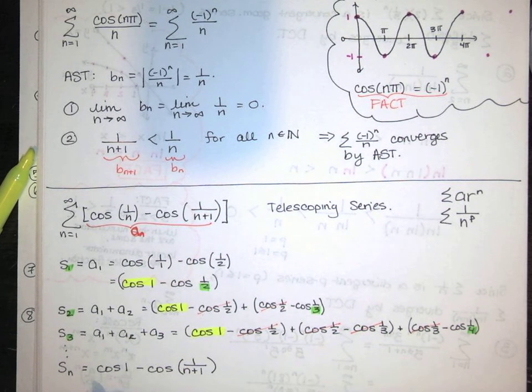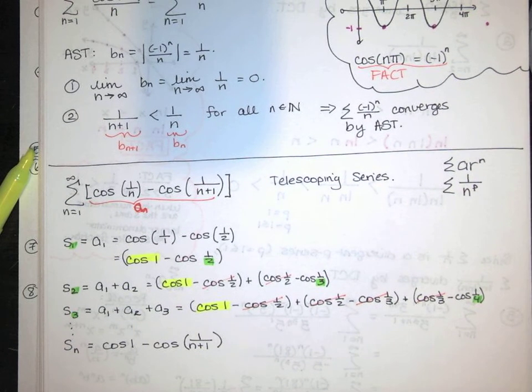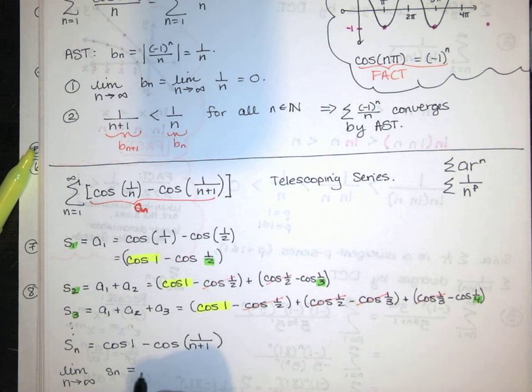Okay, so with telescoping series, the first thing you do is find s sub n, and we did, and then you take the limit of this as n goes to infinity. And if that limit exists, that's the sum of your series, because that's the definition of the sum of a series.